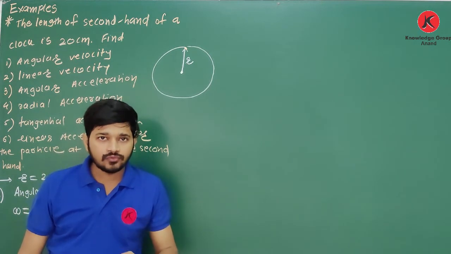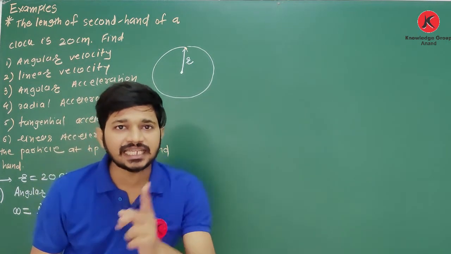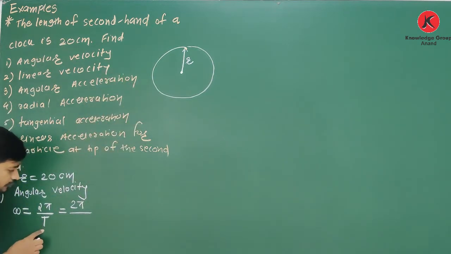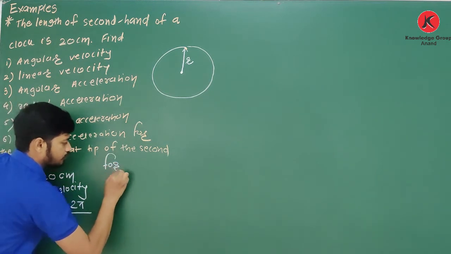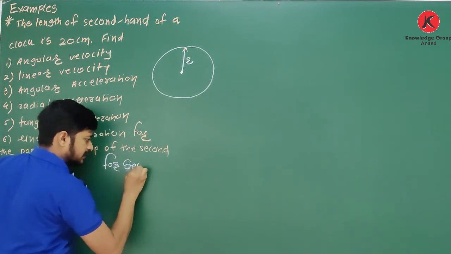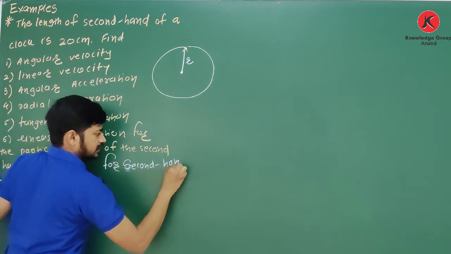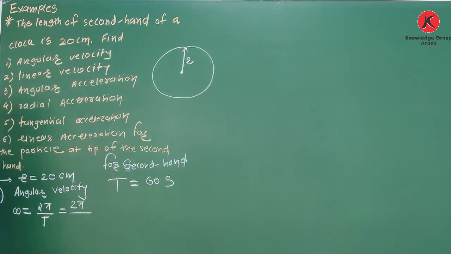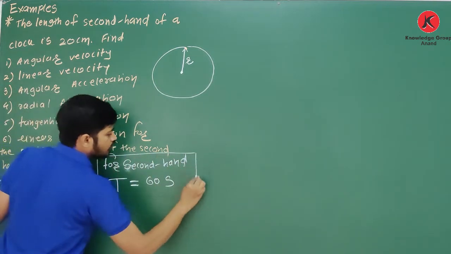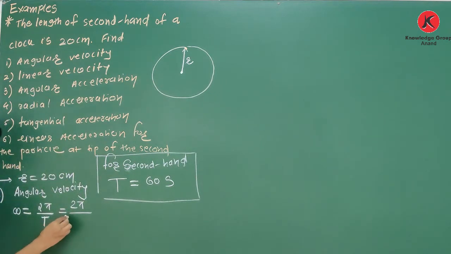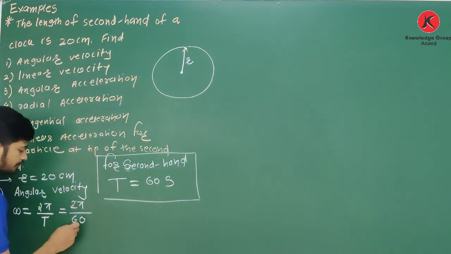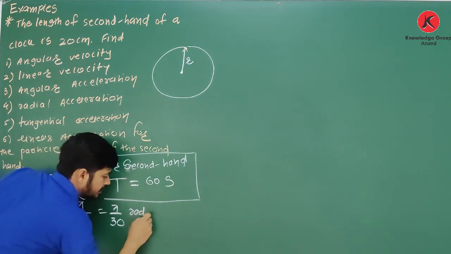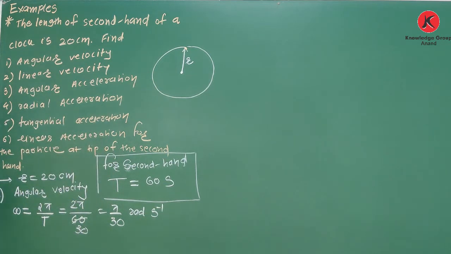So yes, here T for the second hand, that is the time to complete one rotation, is 60 seconds. Okay, so yes, this point you have to remember. Now you put T equal to 60 seconds, so it is 2, and here it will be 30. So it is pi by 30 radian per second.